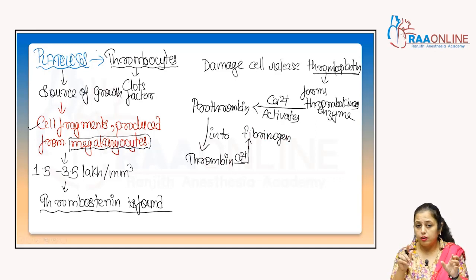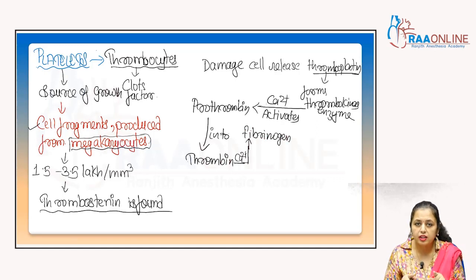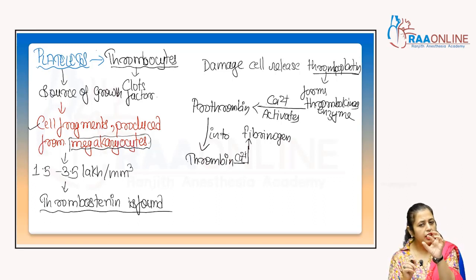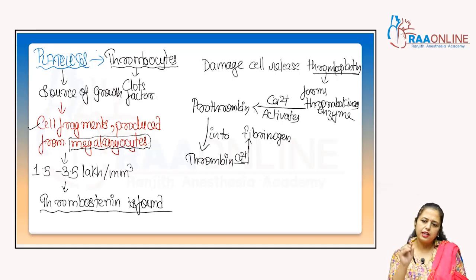It's just a short summary, not the exact method. Actually, blood coagulation is a big process in which we follow two pathways, the intrinsic pathway and the extrinsic pathway, right? But it's just a very little summary, just to understand these things, and questions come to you in NEET from that particular portion also, right?